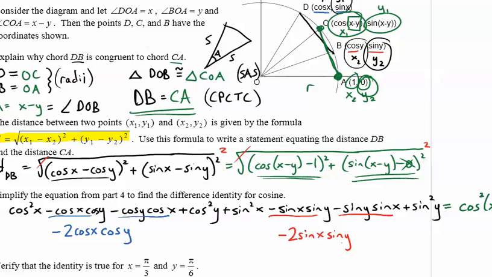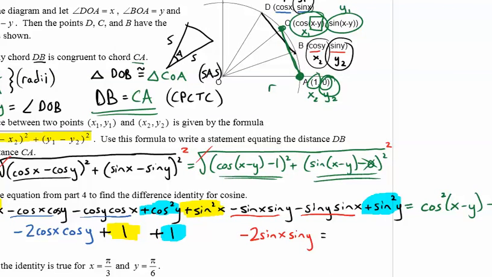Now I have some nice things that happen here. I can use the fact that sine squared plus cos squared is 1, and I see that I have cos squared x plus sine squared x. That's equal to positive 1. And I notice I have cos squared y plus sine squared y. Cos squared plus sine squared is another 1. That's becoming much simpler.